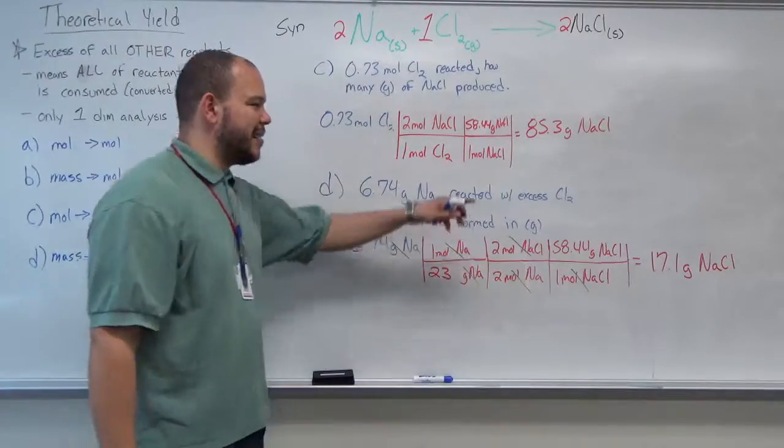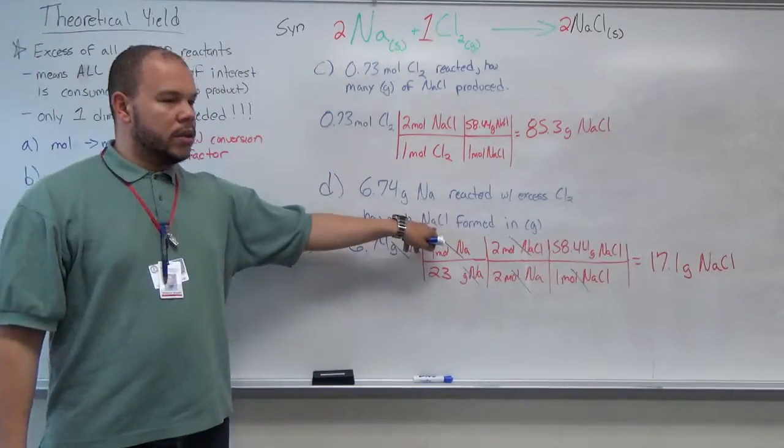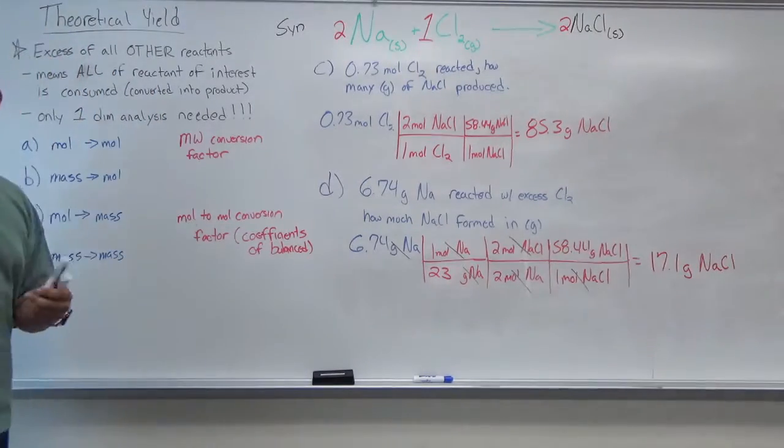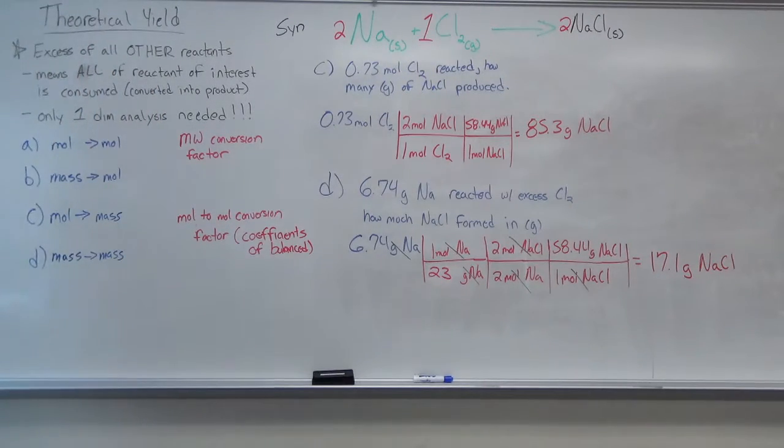Left with mass of the chemical of interest. And the chemical of interest may not always be the product. We'll see some examples where it's not. You might be given product and asked to find out how much reactant was reacted. It's no different in the process. Still the same math.